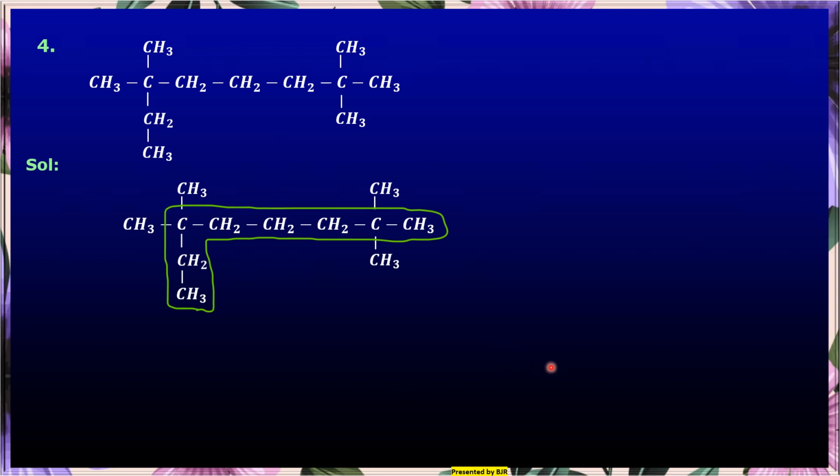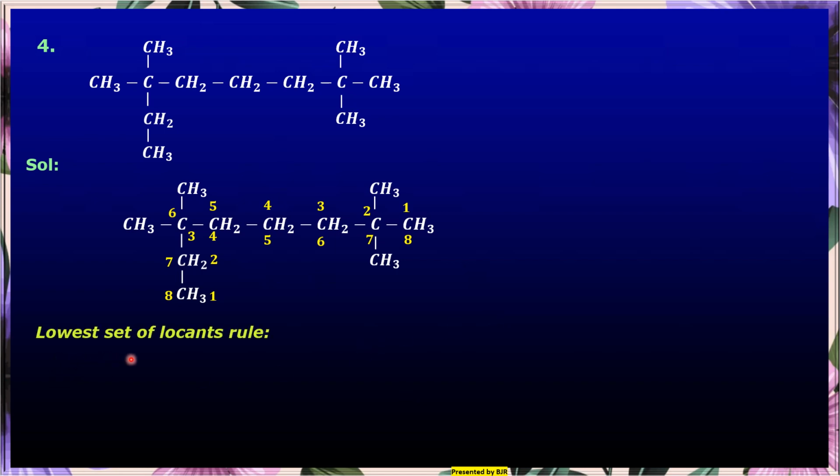Okay. After selecting the parent chain, we have to give the numbering from either way. Let us give the numbering from this side to this side. 1, 2, 3, 4, 5, 6, 7, 8. So from left to right, lowest set of locants rule I am using. Which one is correct?